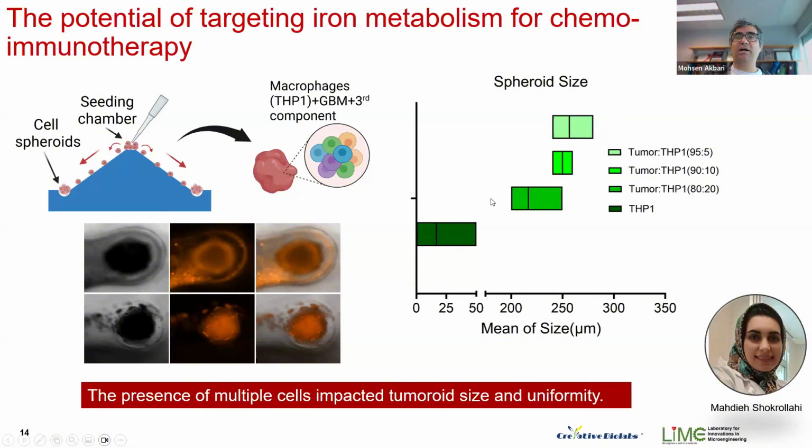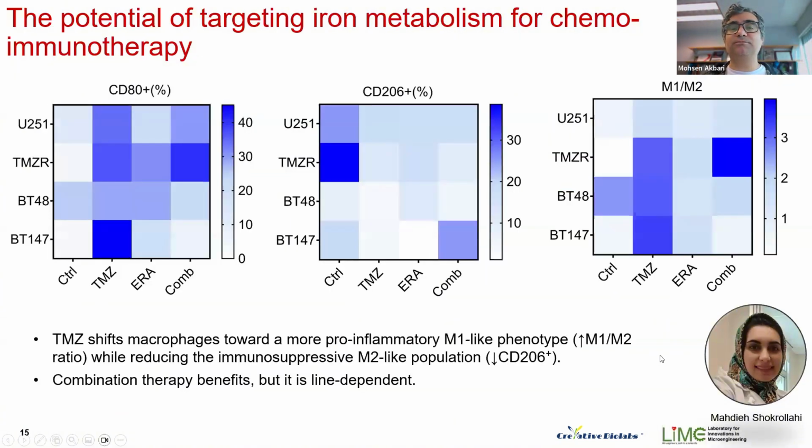One thing we noticed was that when we used THP1 cells alone, they barely formed any spheroids. But as soon as we mixed them at different ratios with our glioblastoma cell lines and the third component, they were able to quickly form tumoroids, and as we changed the ratio, we were able to achieve different size uniformities and different sizes of the tumoroids.